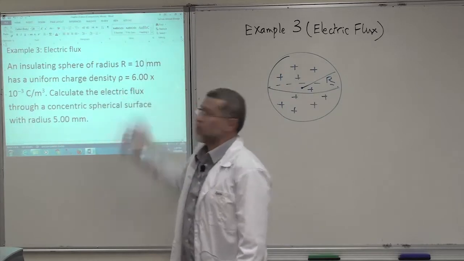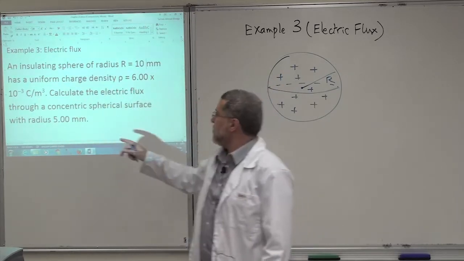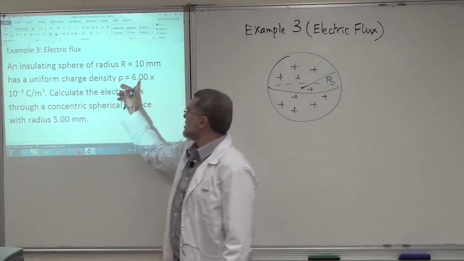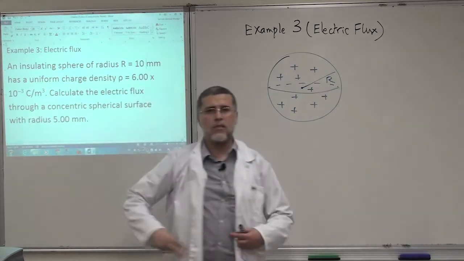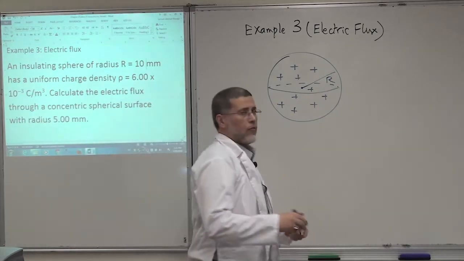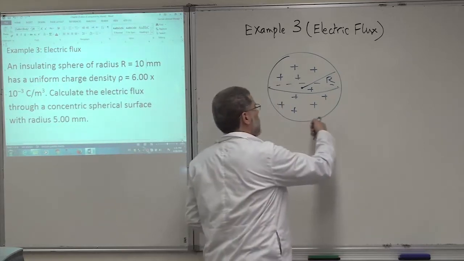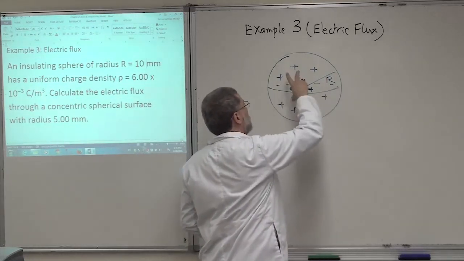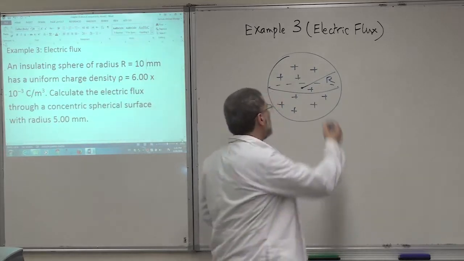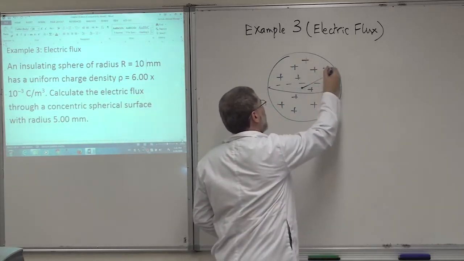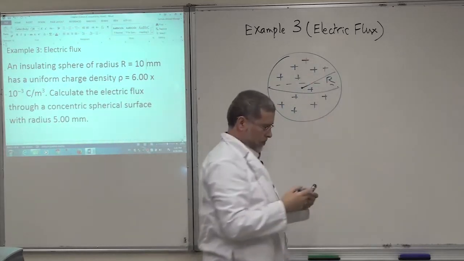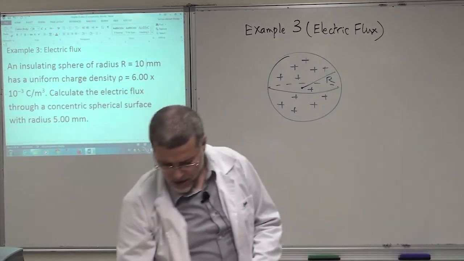You see, it's uniform charge density, which means every meter cubed you have 6 times 10 to the power minus 3 coulomb. And if we go to a conducting sphere, the charge will reside on the surface only. There will be no charge inside. But here, the charge is inside and everywhere, okay? And it is uniform.